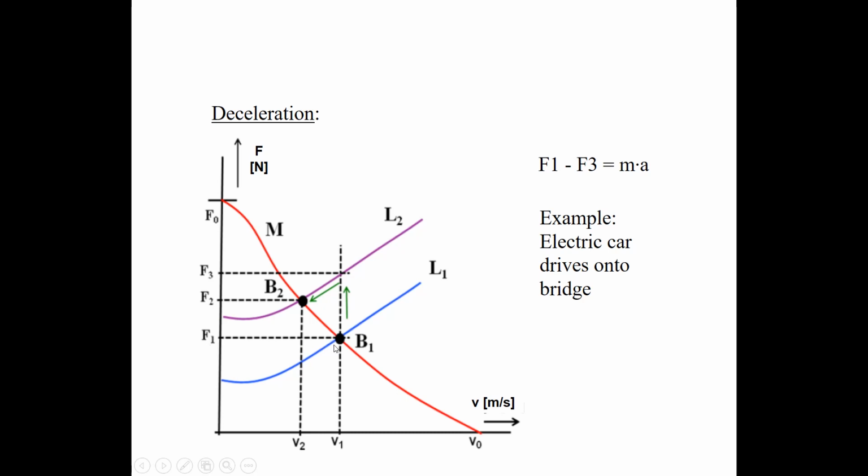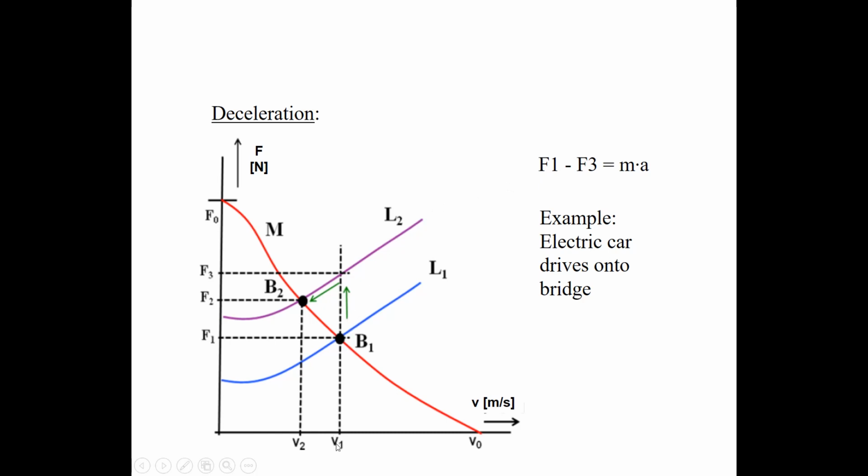Due to Newton's second law, which says that the motor force minus the load force equals the acceleration force, m, the mass of my mechanism, the mass of my load, times the acceleration a, we see that due to the increase of the load, F1 is lower than F3. So we have a negative acceleration force. In other words, my system starts to decelerate.